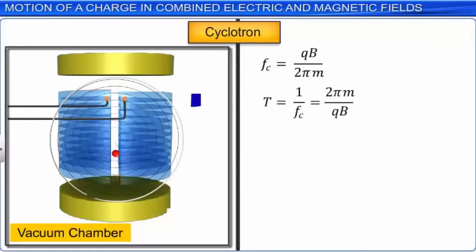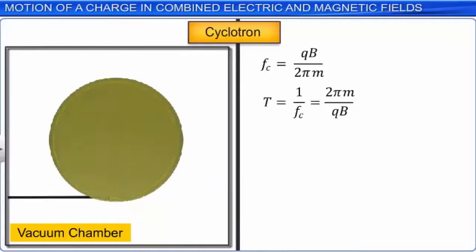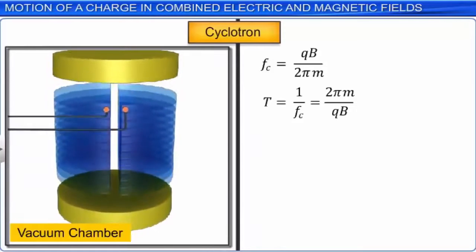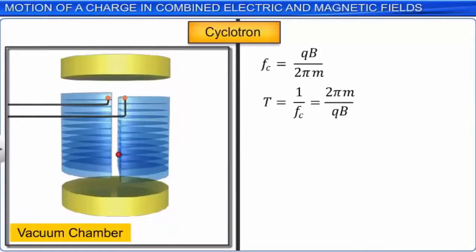When a charged particle enters a D, it moves in a circular path with constant speed because inside the D, it is influenced only by the magnetic field. Inside the D, the electric field is zero due to the shielding effect.